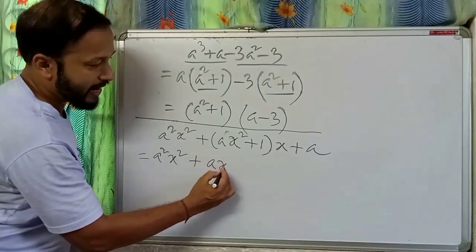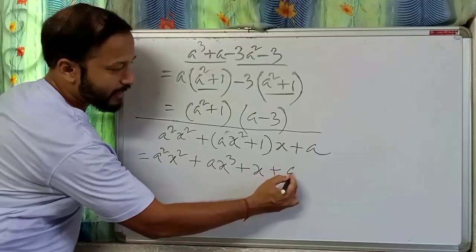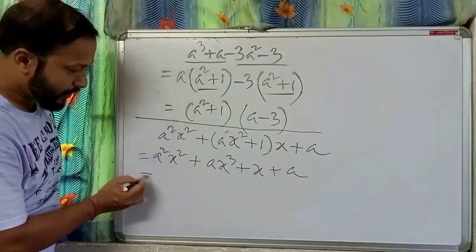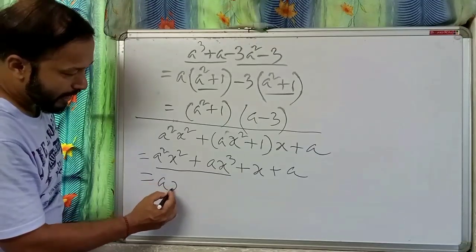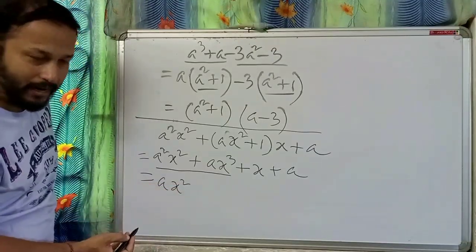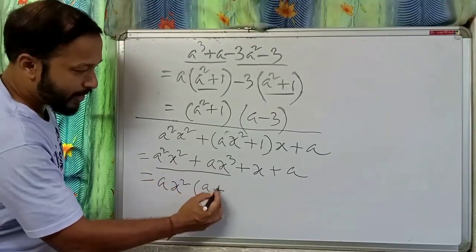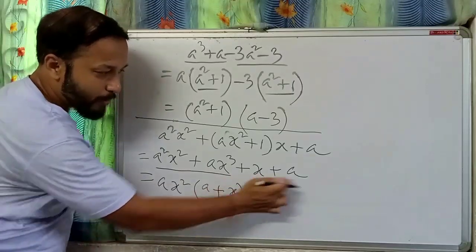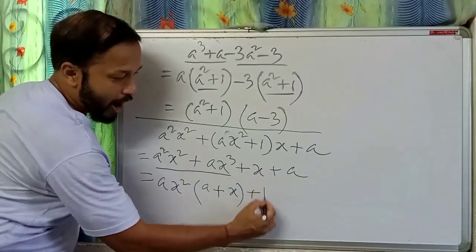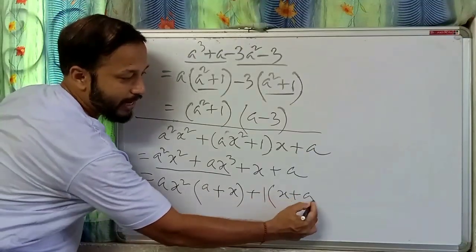So ax cube plus x plus a, correct? Equal to, from here what is common? Yes, ax square is common, so what is left? a plus x, correct. Plus, what is common from here? Nothing is common, that's why 1 is common, so x plus a.